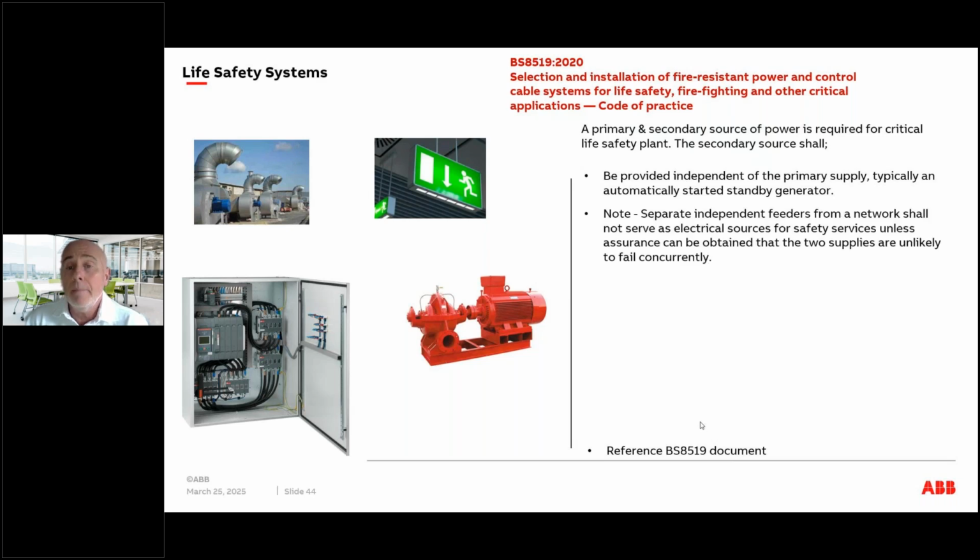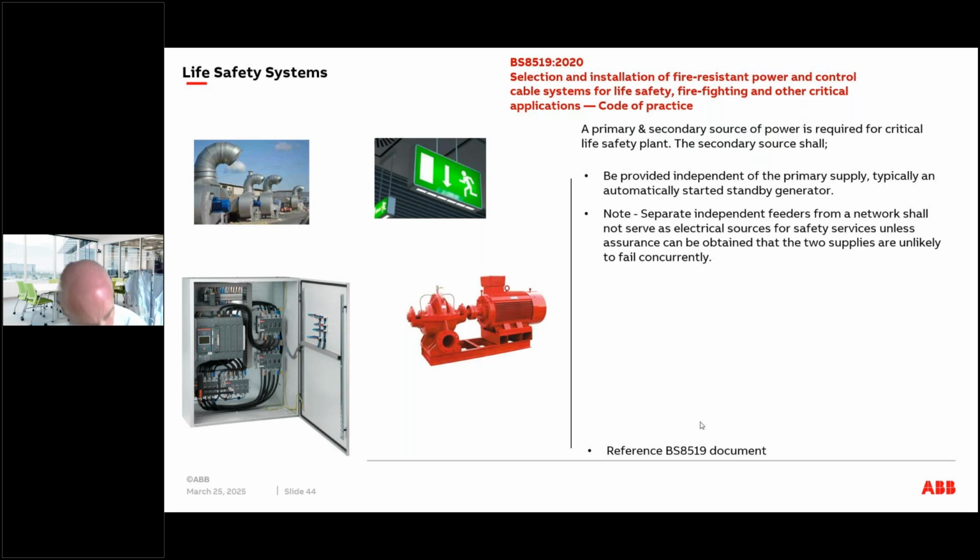It does say, however, note, separate independent feeders from a network shall not serve as electrical sources for safety services unless assurance can be attained that the two supplies are unlikely to fail concurrently. So there is an exemption to have a fixed supply from another part of the fixed network, but you must have assurance from that supplier that the two are very unlikely to fail at the same time, or you've got another redundancy option as a backup.